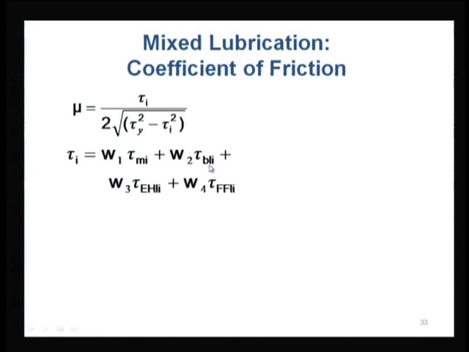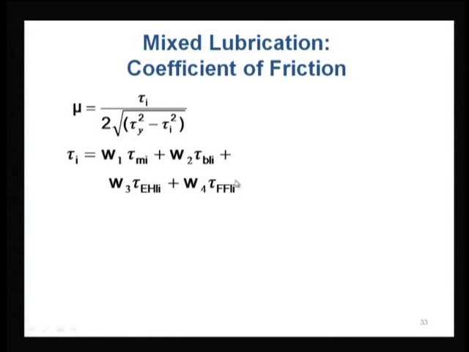That means in a boundary lubrication interface, what will be the tau? Then comes tau_EHLI, where E is elasto, H is hydro, L is lubrication and I is interface, so the elastohydrodynamic lubrication interface. And the last one is FFLI, the fluid film lubrication interface.